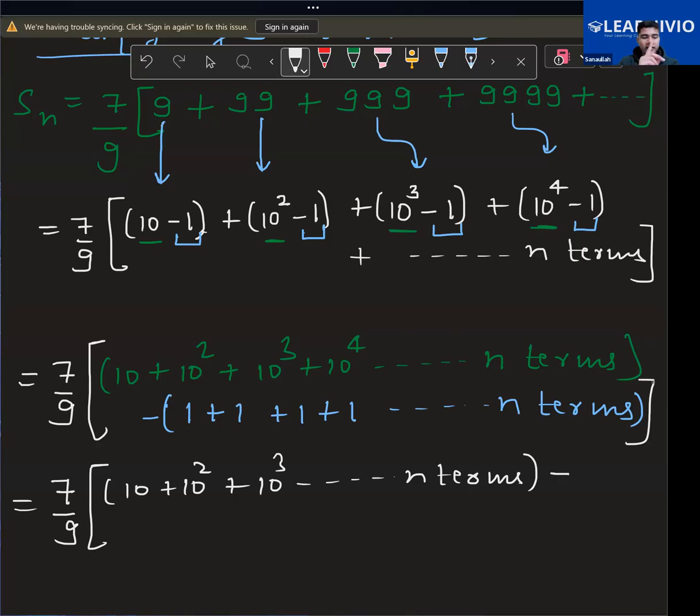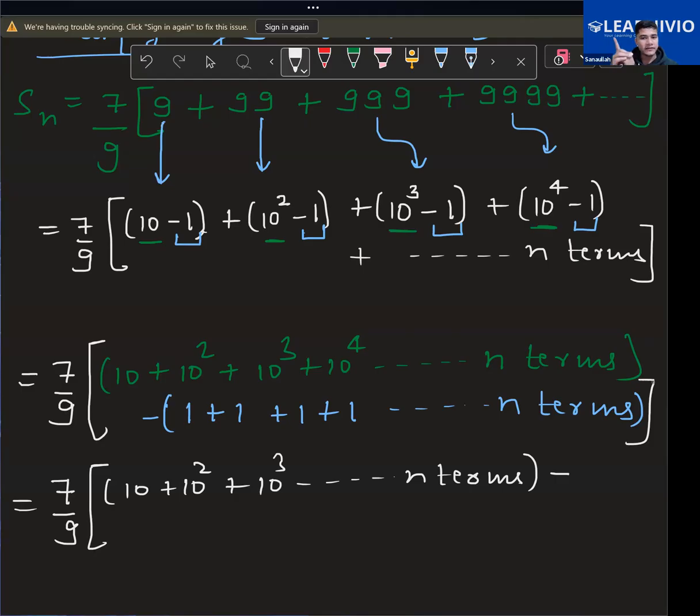You have to add 1, 10 times. So it will be 10. 1 plus 1 plus 1 plus 1 plus 1, so it will be 10. So if we add 1 10 times, then we are getting 10.